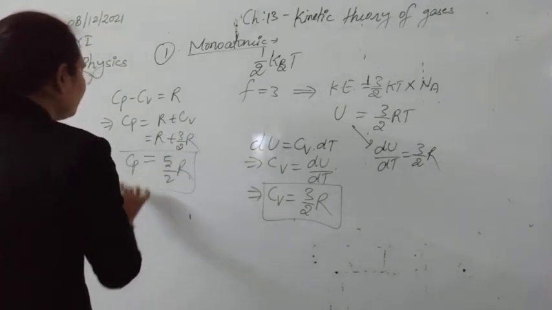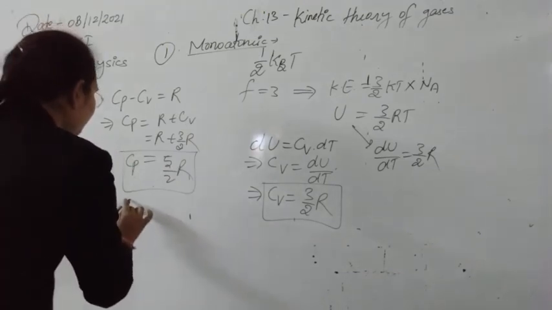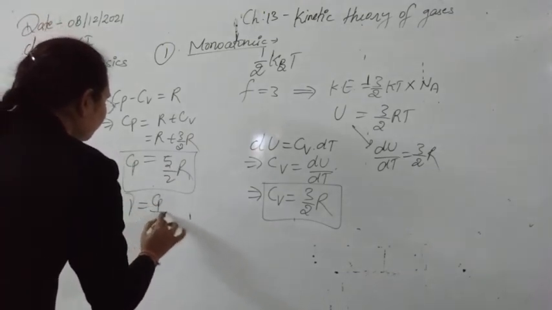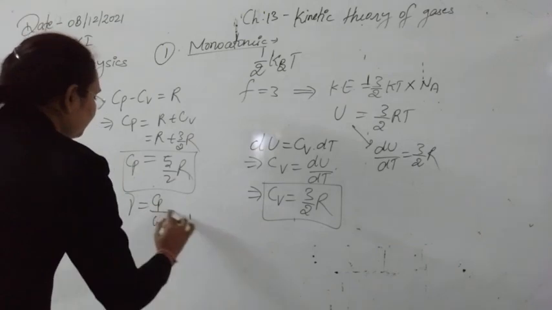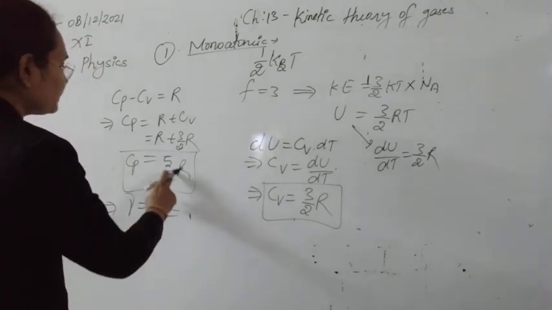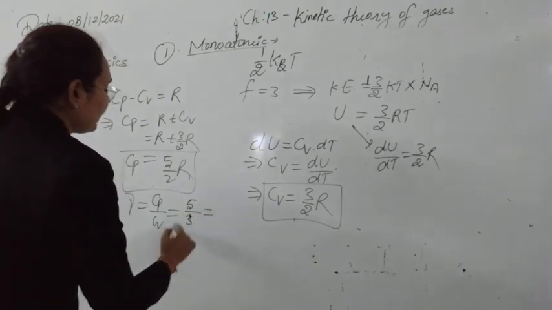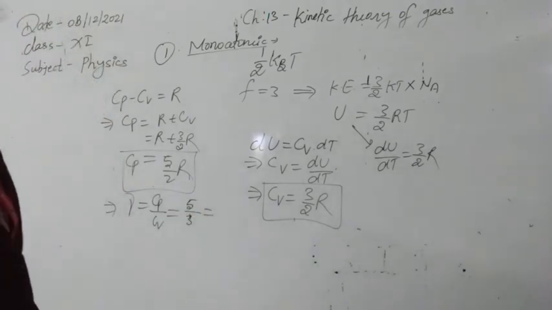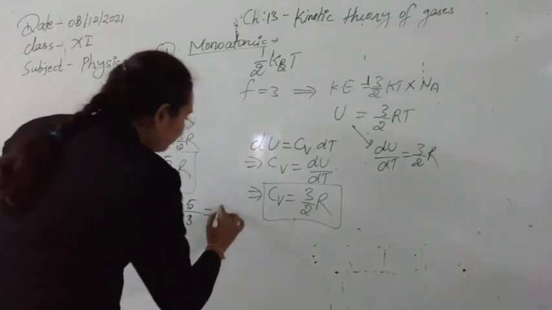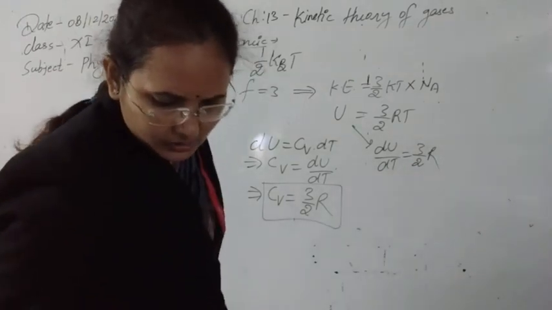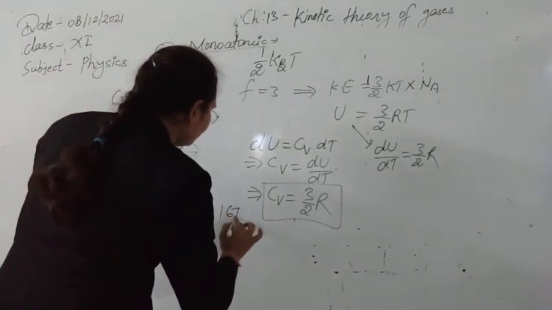Cp is calculated. Also, the atomicity of the gas is seen from Cp by Cv. If you put the values, it is obtained as 5 by 3, and if you solve this, the value is 1.67.